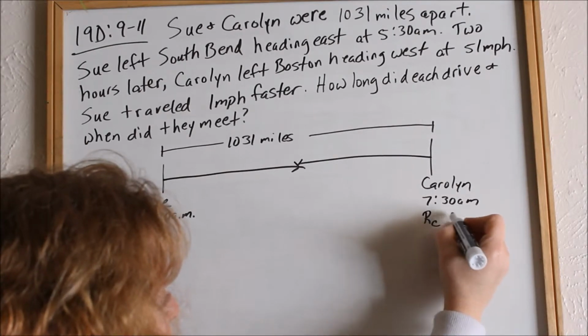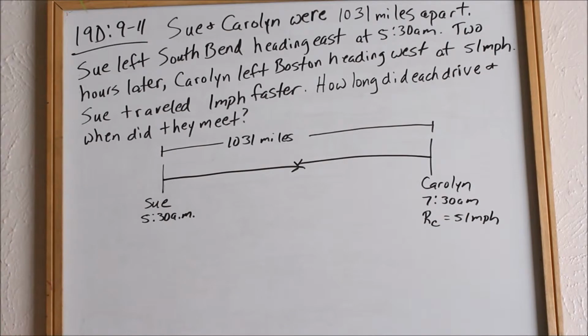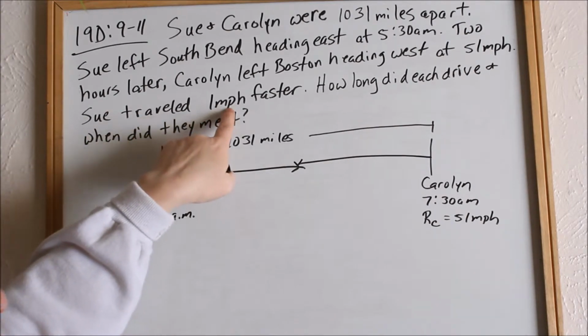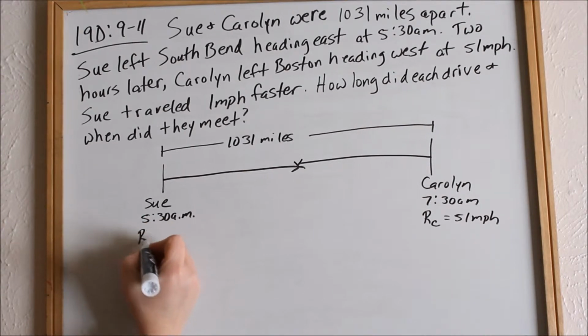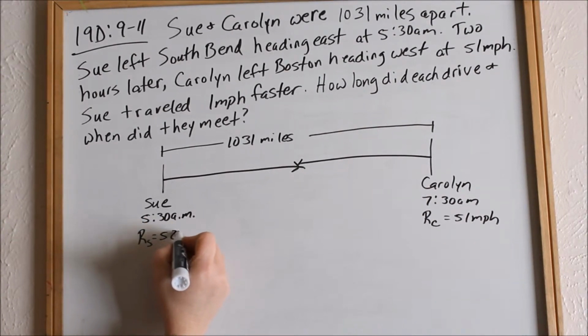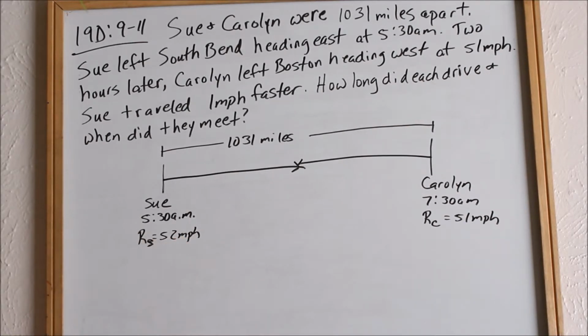So the rate of Carolyn is 51 miles an hour. And then Sue traveled 1 mile an hour faster. If Carolyn was going 51, that means that Sue was going 52 miles an hour. That's the rate of Sue. How long did each drive and when did they meet?